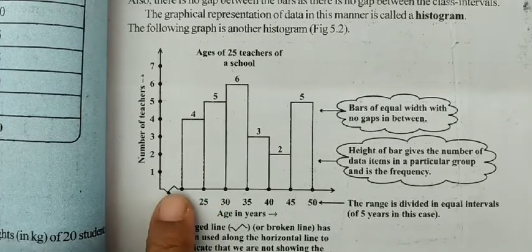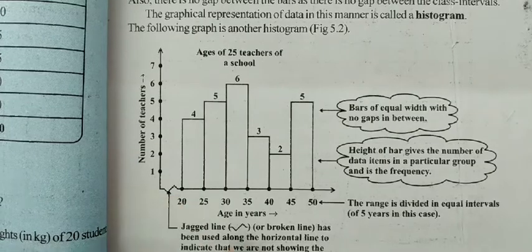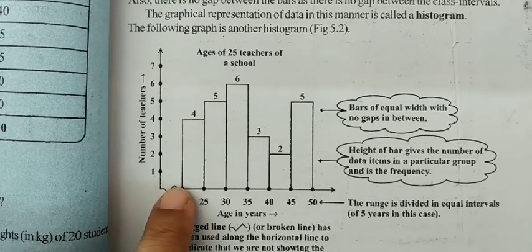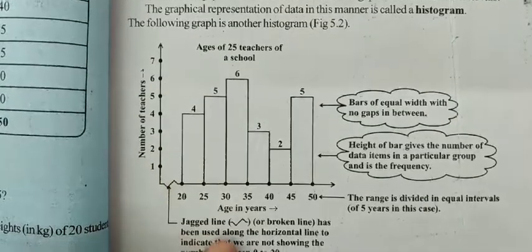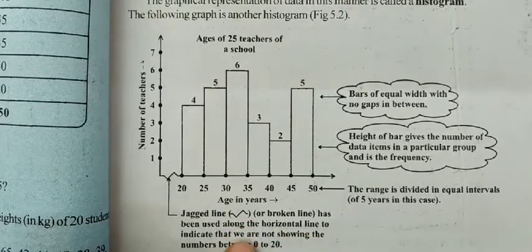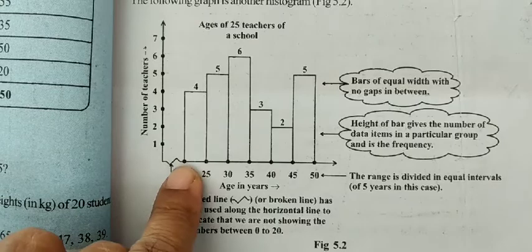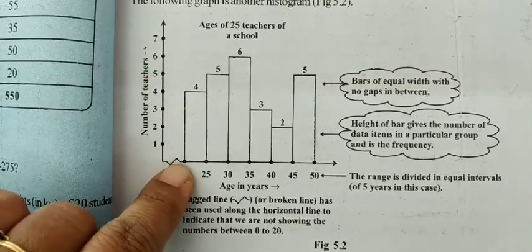Here the first slot from 0 to 20 is not taken or mentioned, so a zigzag line, a broken line, is there to tell you that along the horizontal line we are not showing the number of teachers between 0 to 20.